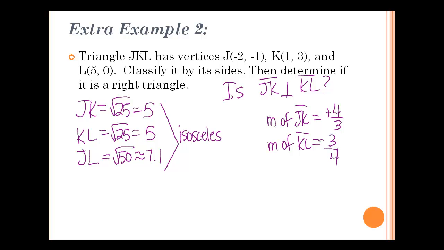So those are opposite reciprocals. Since they're opposite reciprocals, then yes, our lines are perpendicular to each other. So we can call this an isosceles right triangle.